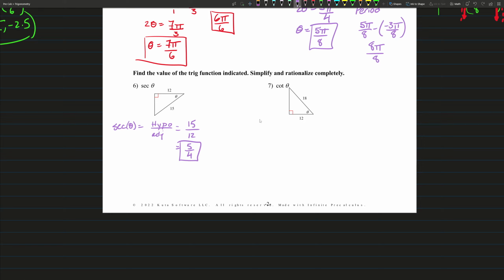This next one is a little bit different. So cotangent is adjacent over opposite. We have the adjacent side. We need the opposite side. So what we need to do is set up the Pythagorean theorem. So 18 squared is equal to 12 squared plus the opposite squared. 18 squared is 324. 12 squared is 144.